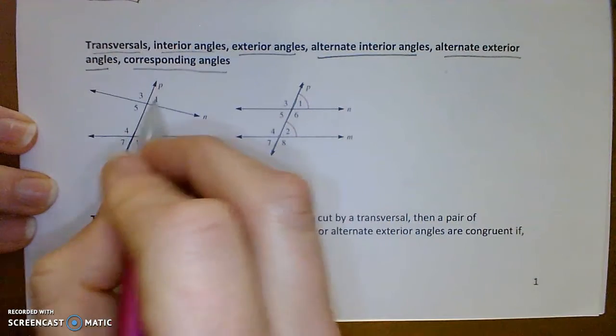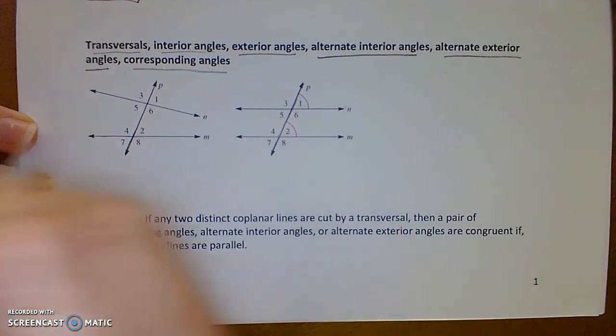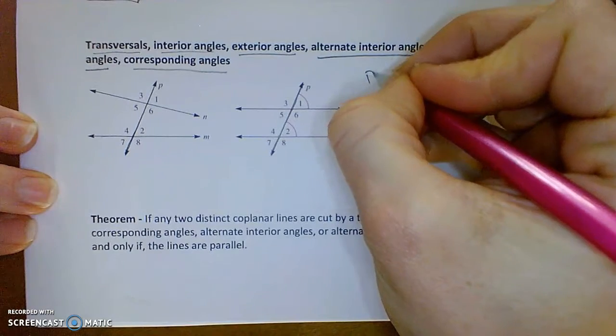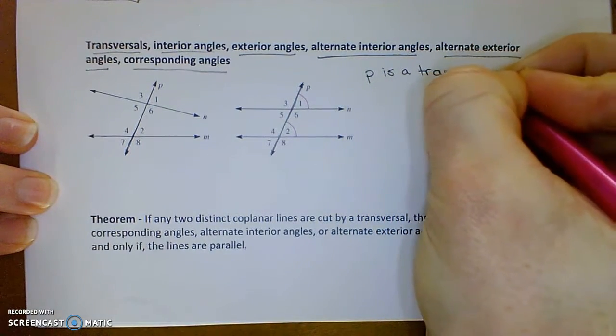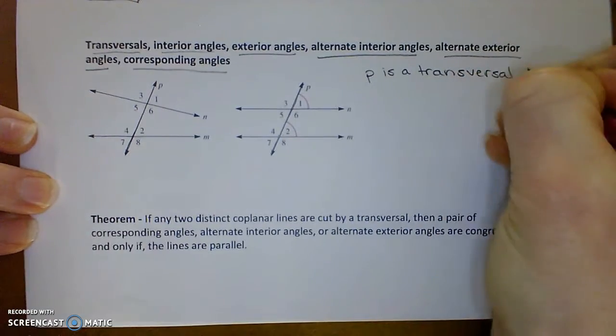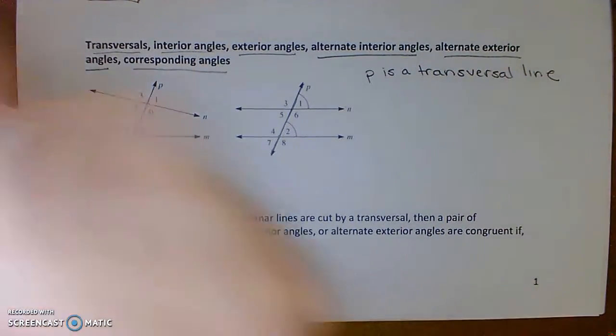Okay, so in this case, the line P would be the transversal. All right, so let's label that. P is a transversal line because it intersects the other two lines.